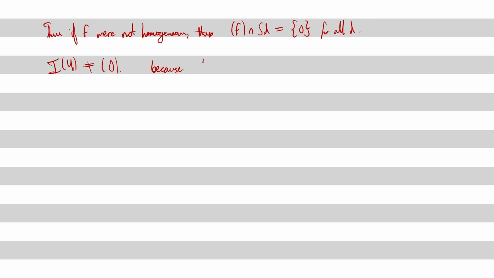Thus, if f were not homogeneous, then for all d, I of Y intersect S_d is just 0, because the intersection of I of Y with each S_d is 0, and the direct sum of the 0 ideal is just going to be 0. But I of Y is not equal to 0, because 0 is the ideal of P^n, and the dimension of P^n is not equal to n minus 1. It is equal to n.